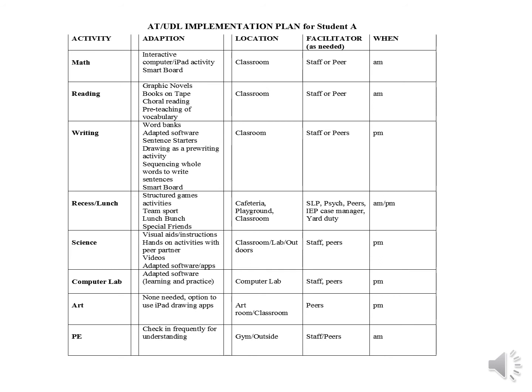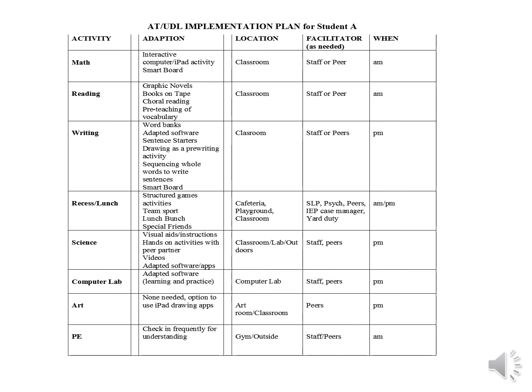This student is going to be working on the computer or maybe an iPad with an adapted educational app or software at his instructional level so he can work as independently as possible. Facilitation will be provided by staff or a peer. We really like to include peer tutors or helpers as often as possible. And in terms of location, you can see this is happening in the classroom rather than on a pull-out basis.